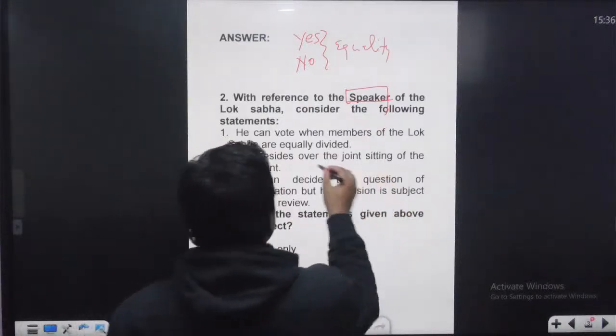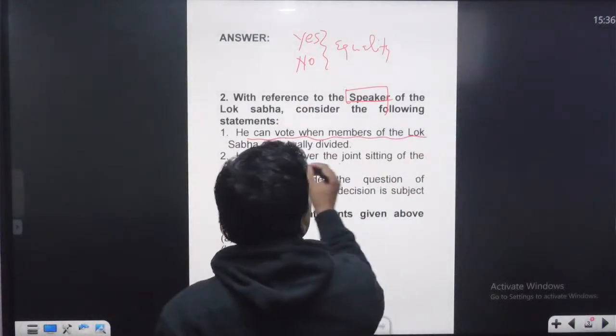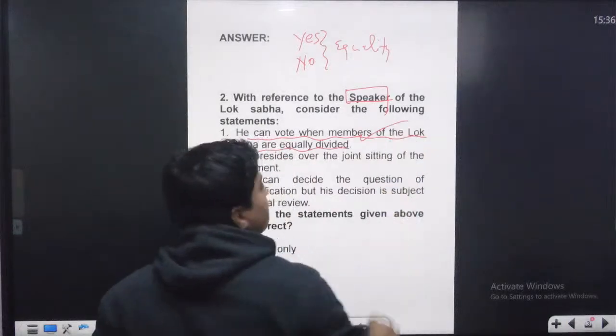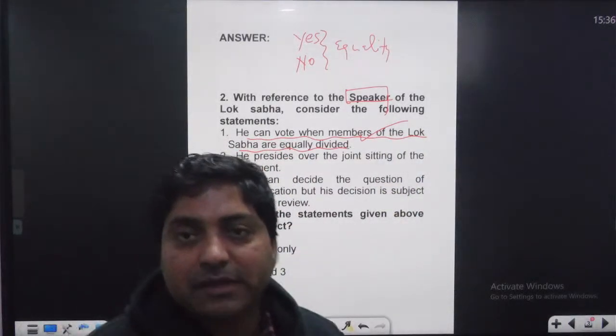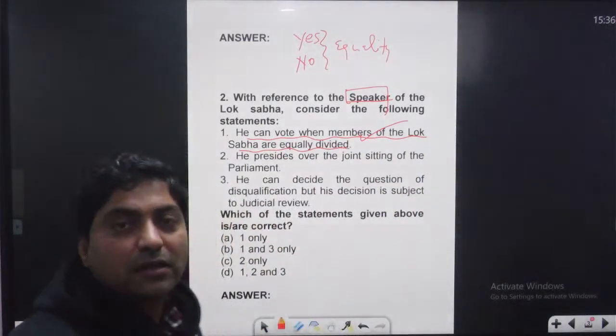So the statement that he can vote when the members of the Lok Sabha are equally divided is correct.